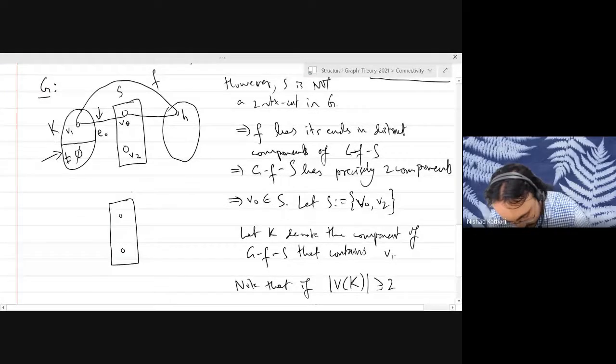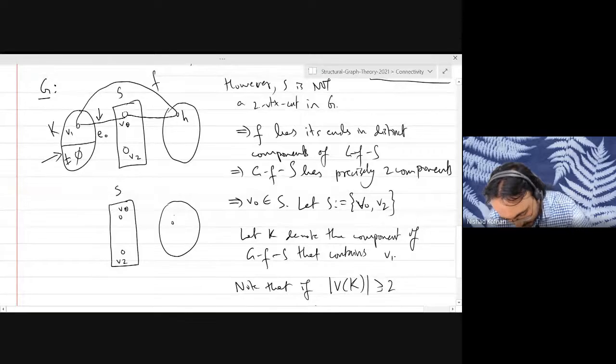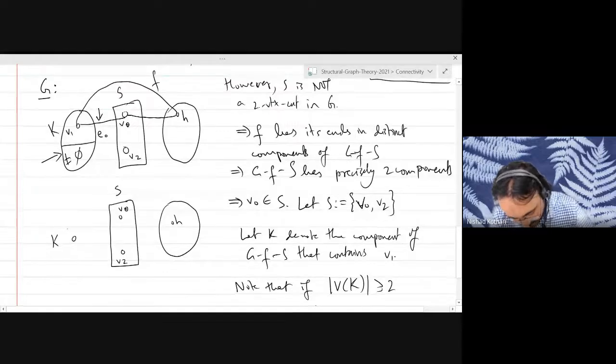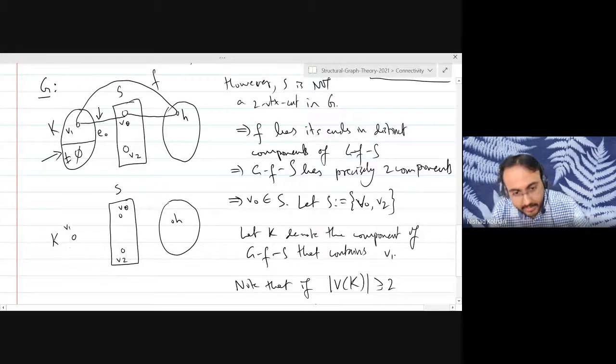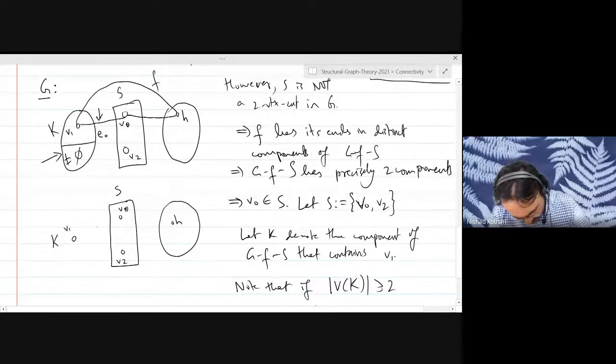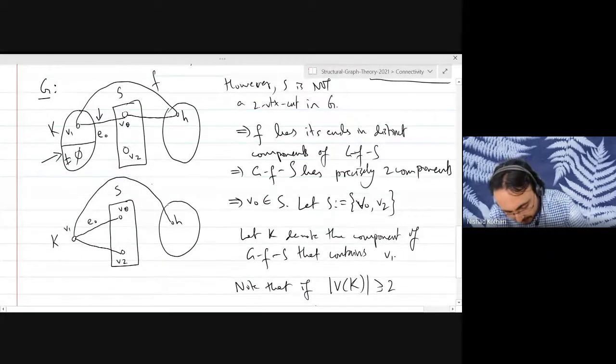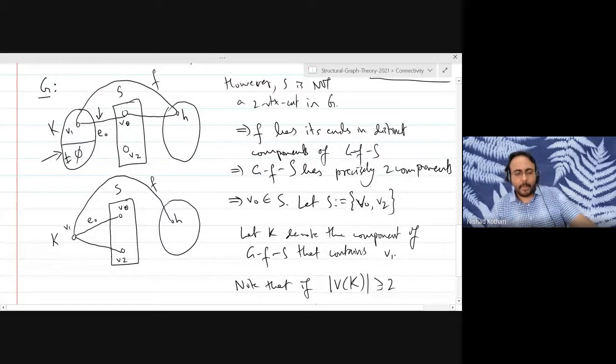Right. So let's draw this graph again. This is S, this is V0, this is V2. There is a component here which contains the vertex H, but this component K is just one vertex V1. And V1's neighbors, now you can say it has at least 3 neighbors. So its only neighbors have to be V0, V2 and H. V0, V1 is the edge E0, V1H is the edge F. Okay, so we have found a vertex of degree 3.